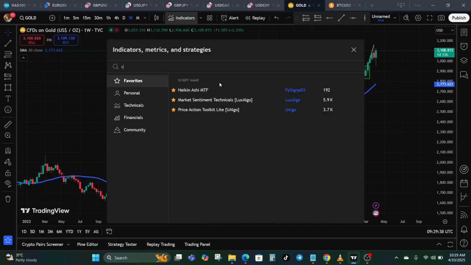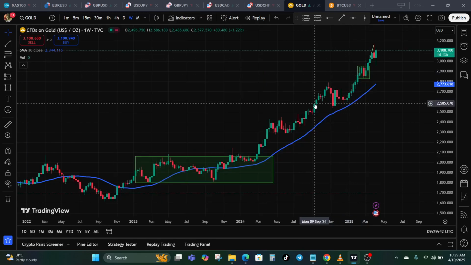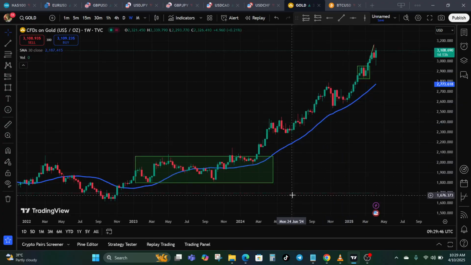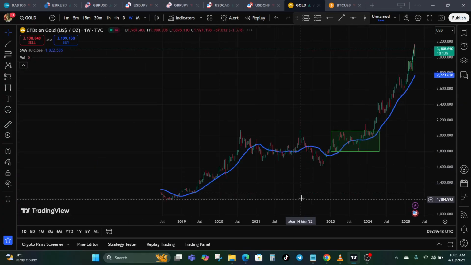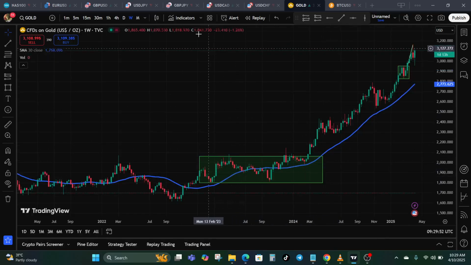And then we're going to get some confirmation from volume. We're going to add the volume indicator to the chart, and we want to notice something with the volume.